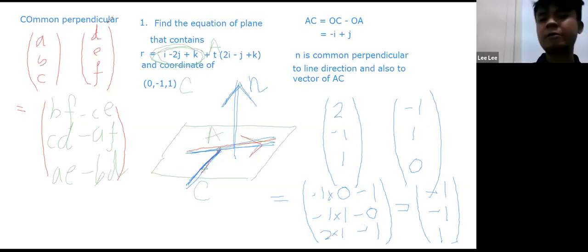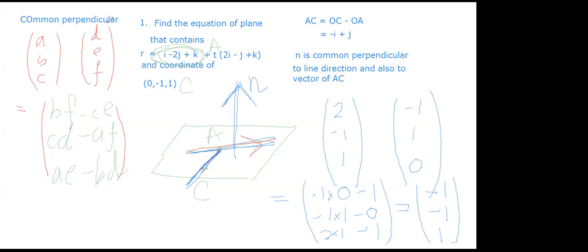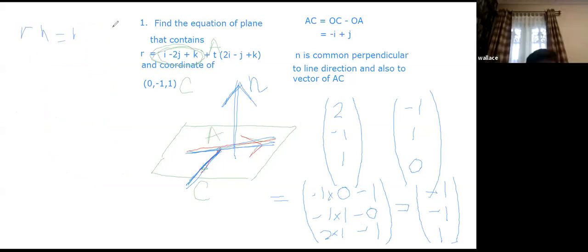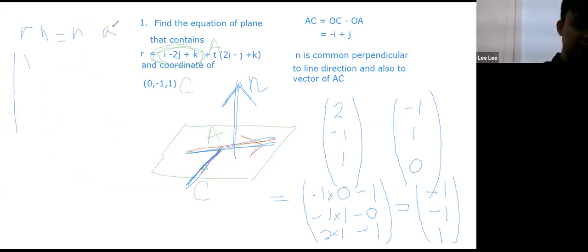So we haven't answered the question. What does the question ask? The question asks us to find the plane equation. What is the plane equation formula just now? r dot n equals n dot a.